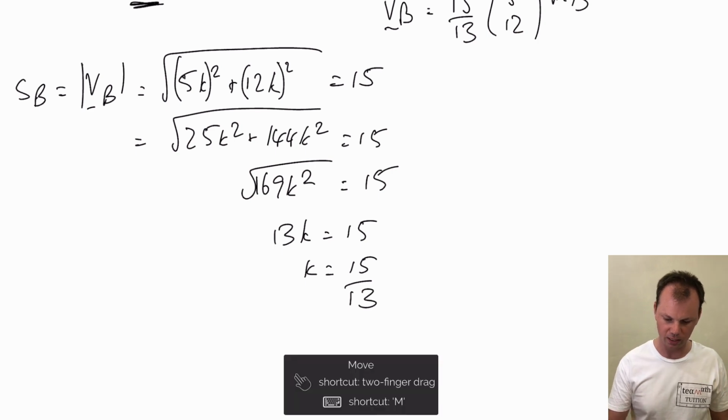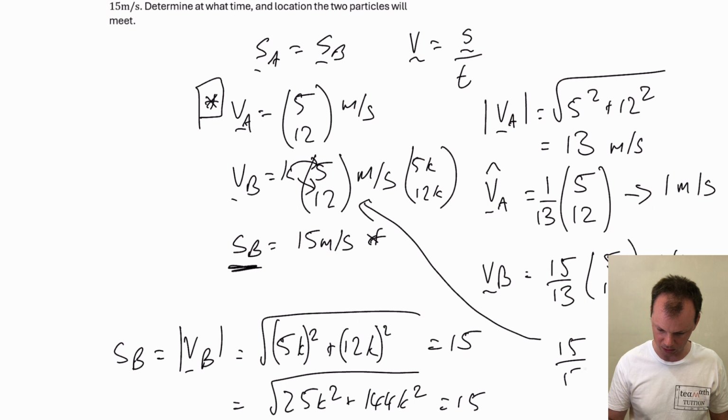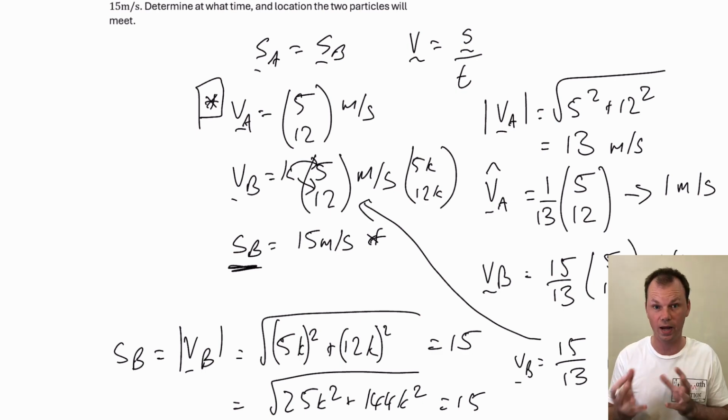Okay, which we can substitute back into our original equation up here, and we get 15 on 13 times (5i + 12j) meters per second. So you can see we get the same answer both ways, just slightly different ways of viewing it.